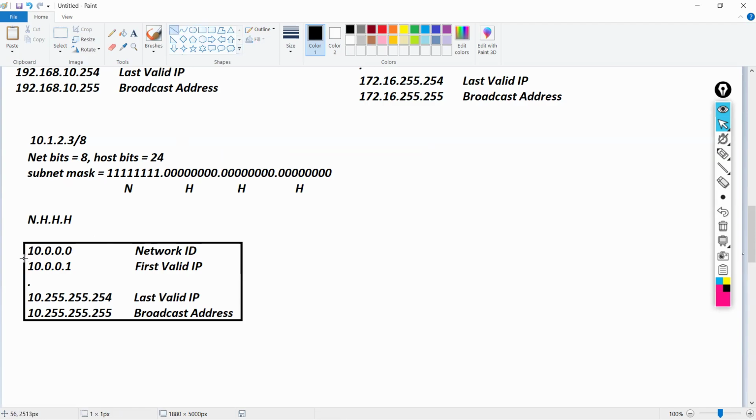Classful is easy. You don't need to make all this calculation also. Just by looking at the IP address and CIDR, you can directly give the answer.